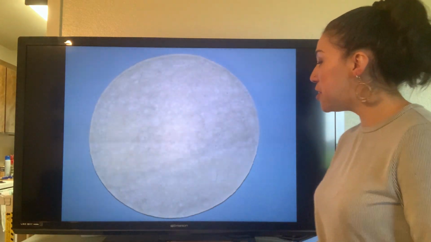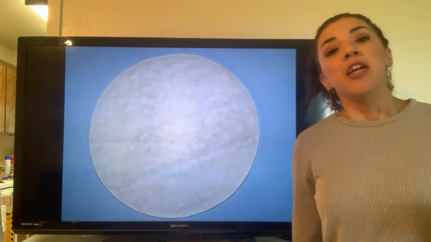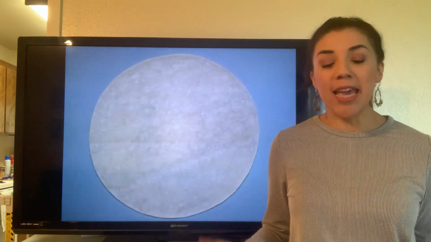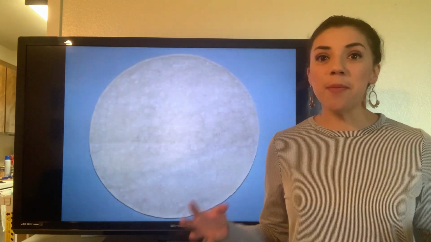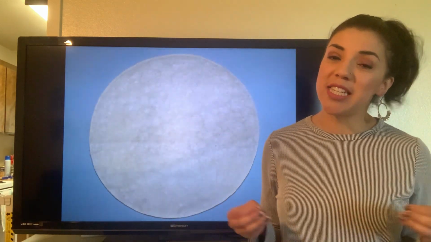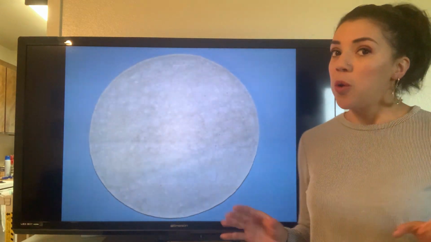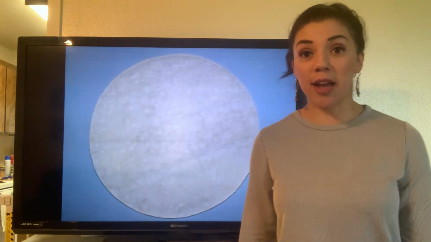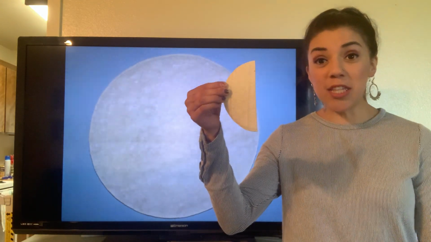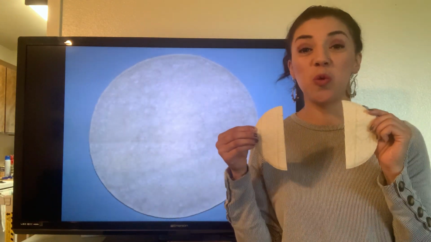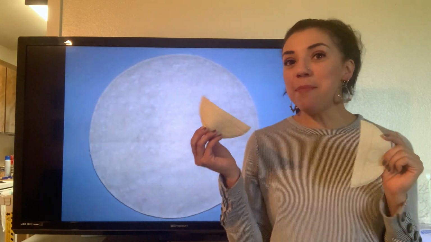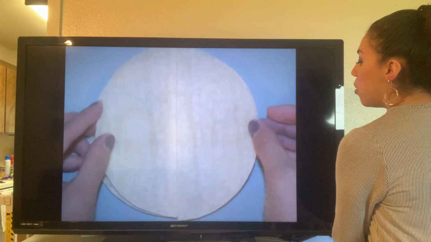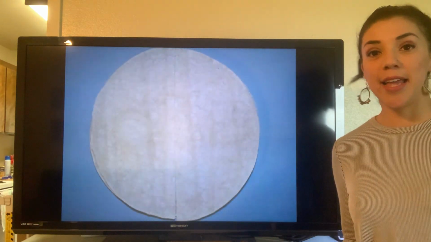Okay, so here's my tortilla. Now, Noah wants to cut his fruit pizza into smaller pieces. And we're talking about equal fractions because he still wants to eat half of it. Okay, so next I have cut a tortilla into halves, two pieces. Now, if I put these halves together, do I have a whole tortilla?